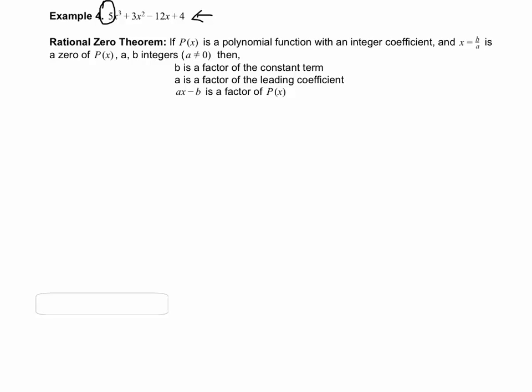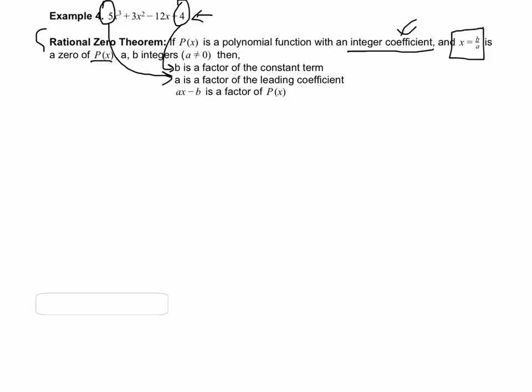In order to find factors to test, to see what would be a factor of this polynomial, we have to use the rational zero theorem, which basically says that if p of x is a polynomial with integer coefficients and x equals b over a is a zero of p of x, so that means x equals b over a is a factor of p of x, a and b are integers, a cannot equal 0, then b is going to be a factor of the constant term, so this would be our b here. A is a factor of our leading coefficient, then ax minus b is a factor of p of x.